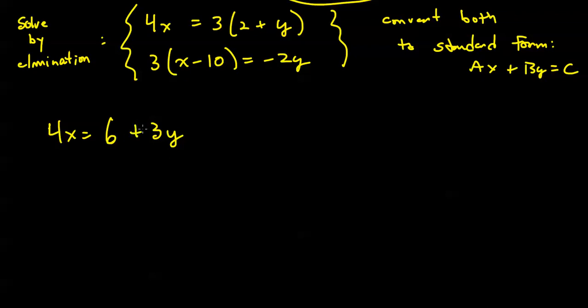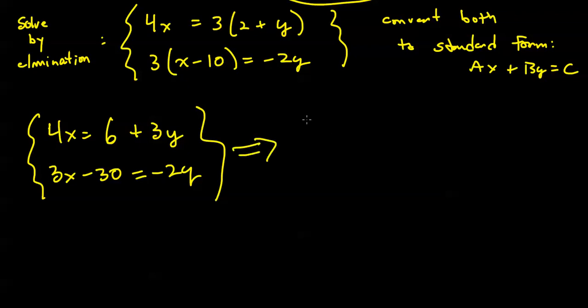Top equation turns into 4x equals 6 plus 3y. And in the bottom equation, I get 3x minus 30 equals minus 2y. So I really haven't changed anything except the form in which these variables and numbers appear.